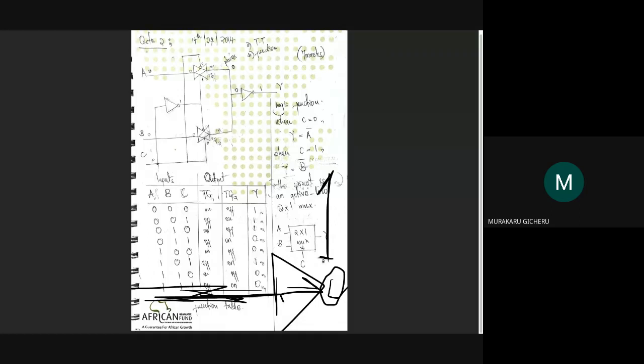So that's what active low means. You can think of it as being activated by a low input. That's a good way to remember.